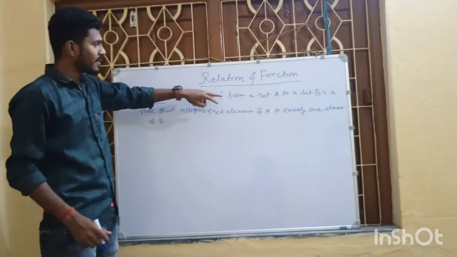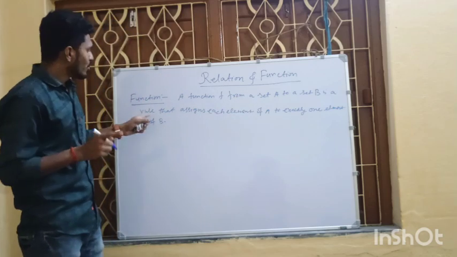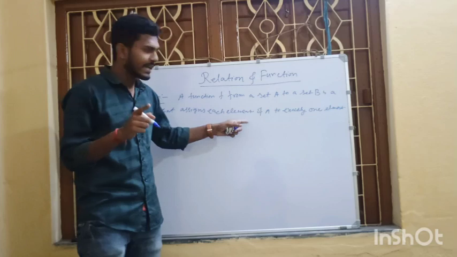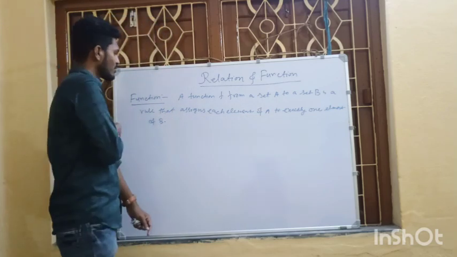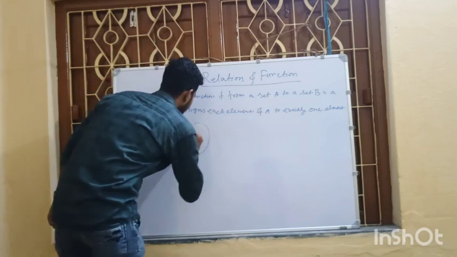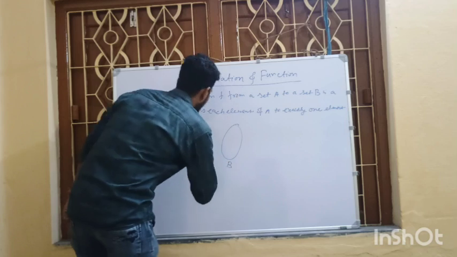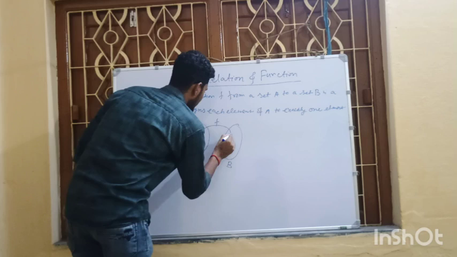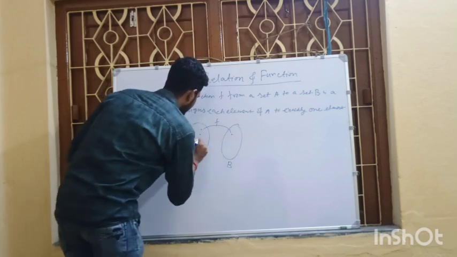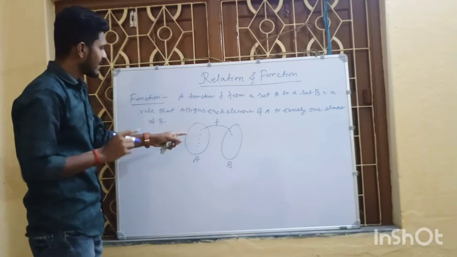A function f from a set A to a set B is a rule in which each element of A is assigned exactly one element of B. Okay, so in a diagram, if this is a set A and this is a set B, then that is a function f from A to B. Each element exactly assigns.